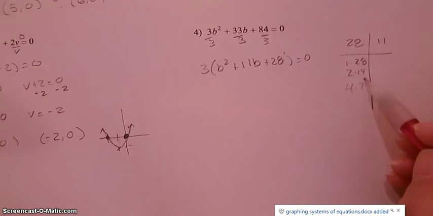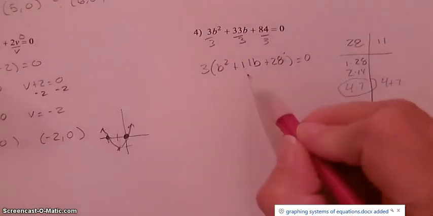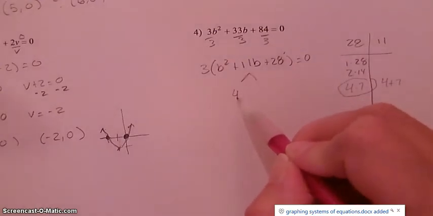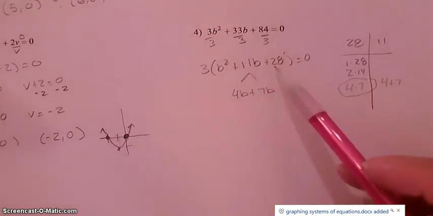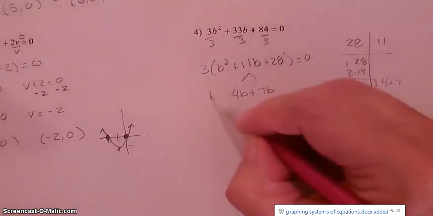Aha! 4 times 7 gives me 28, and 4 plus 7 gives me 11. So those are my factors. Remember, we split the middle term into 4b plus 7b. I didn't change the equation, I'm just changing the middle term.